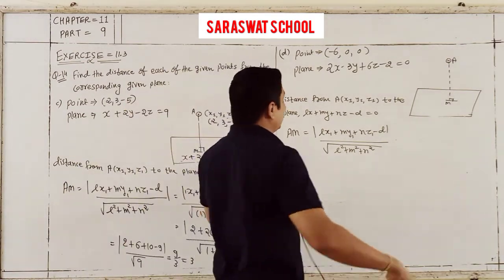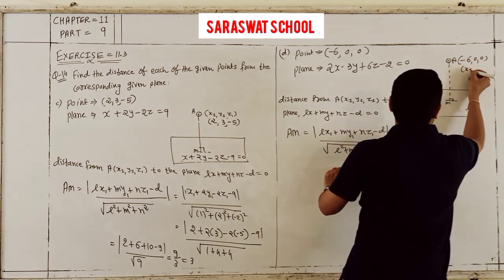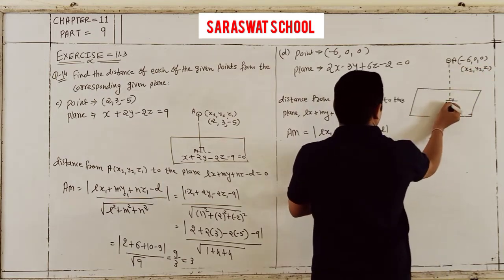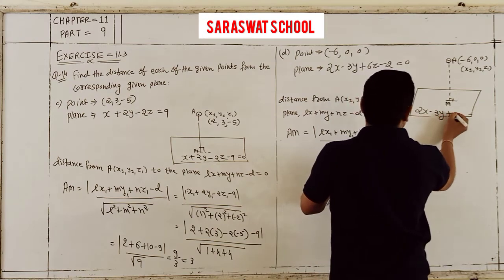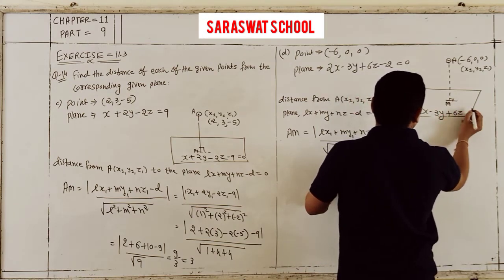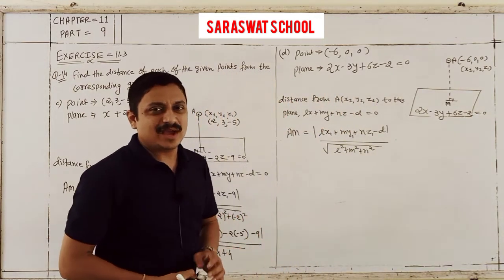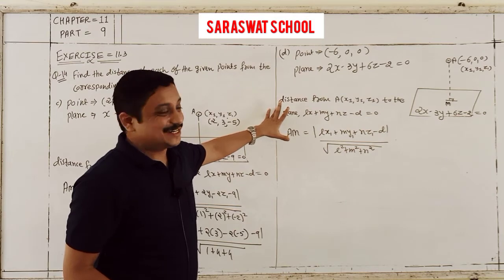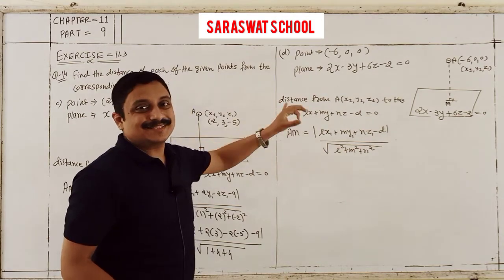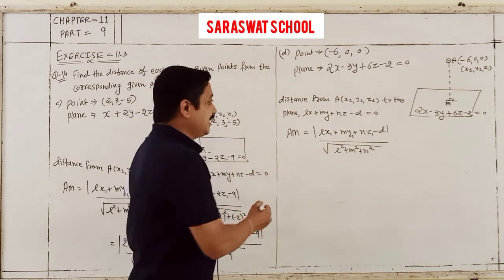Very easy. I write down here minus 6, 0, 0, which is x1, y1, z1, and the plane 2x minus 3y plus 6z minus 2 equal to 0. Very simple. Apply the distance from point A, x1, y1, z1, to the plane lx plus my plus nz minus d equal to 0. This is the formula, and apply it.